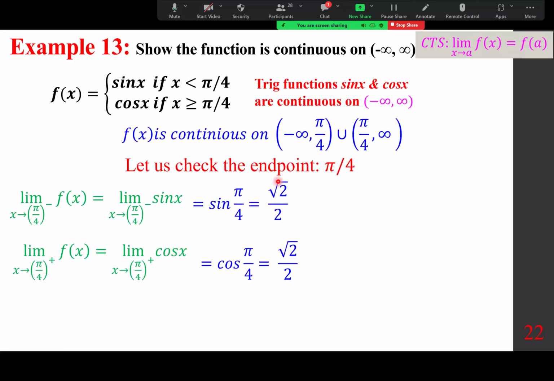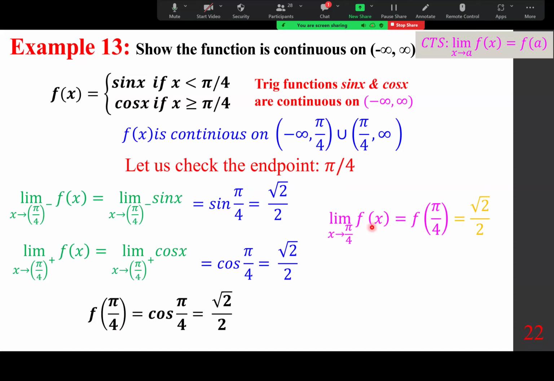Therefore, because the two are identical, the limit of f of x as x approaches pi over 4 exists. Okay, and by the way, f of pi over 4, the functional value, we should know it's square root of 2 over 2. The reason we use cosine is because the equality goes with the second piece. So the functional value uses the second piece. So the limit exists, and it's equal to the functional value, according to the definition of continuity.